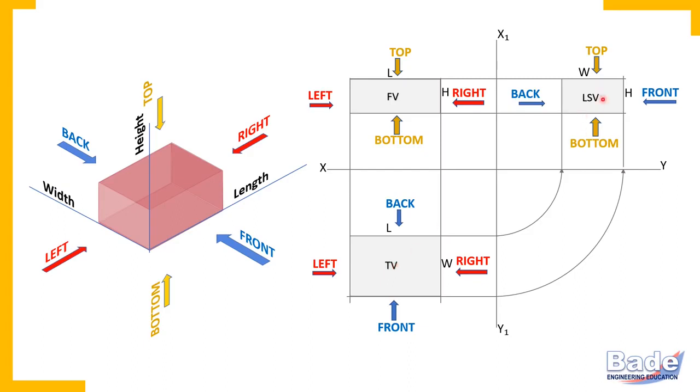And in the side view, left side, right side overlap and cannot be differentiated. But in the front view, front and back overlap, but other 4 sides, that is right, left, top, bottom, can be indicated. In the top view, this is right side, left side, back side and front side. And in the side view, you can indicate all other 4 sides: front, back, top and bottom.